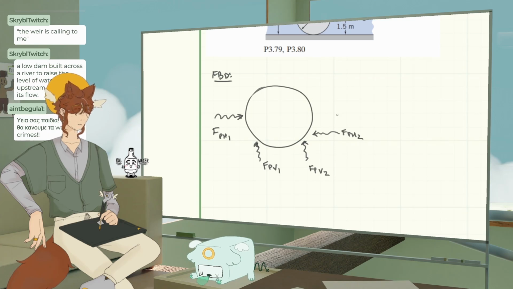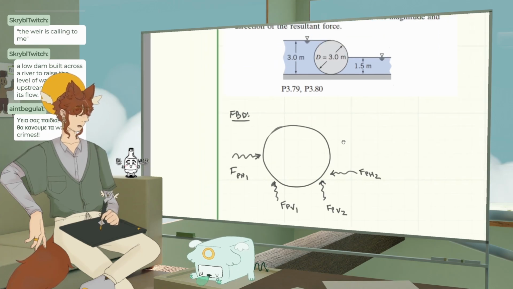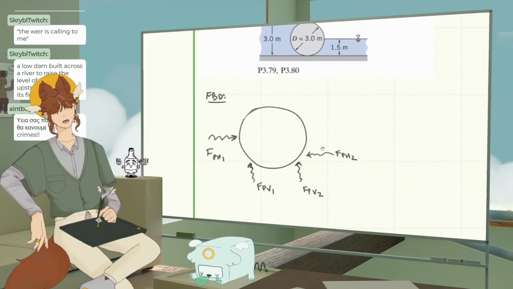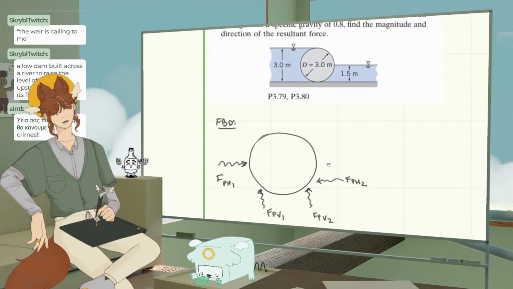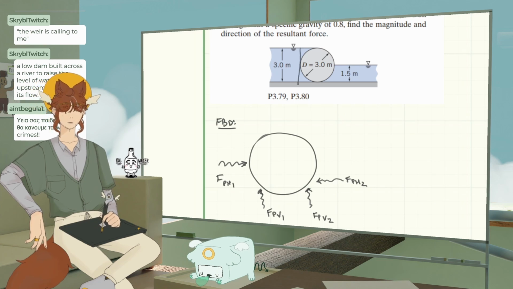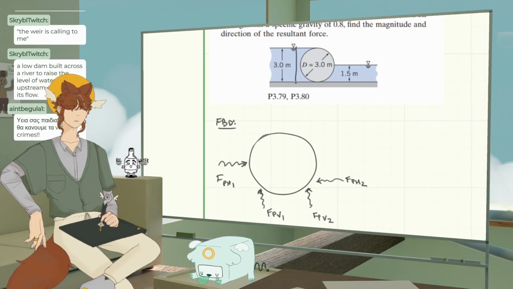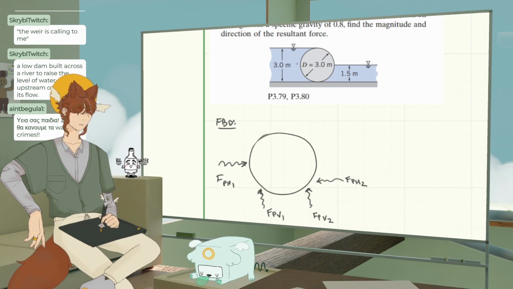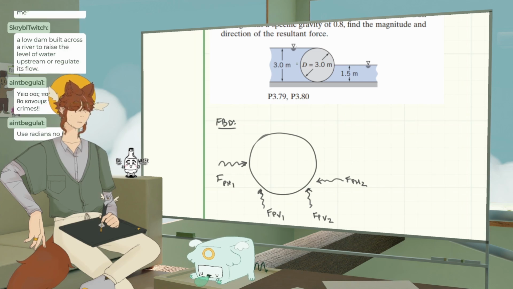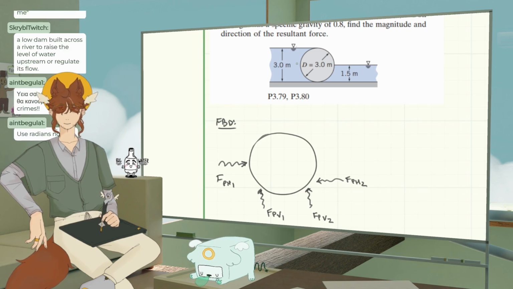Let's draw... Well, I need a coordinate system, actually. We need to project this circle over here. Can I do that, actually? I feel like I can't do that, because if I do that, and then I say the centroid's there, and the pressure at the centroid, I guess... Use radians?